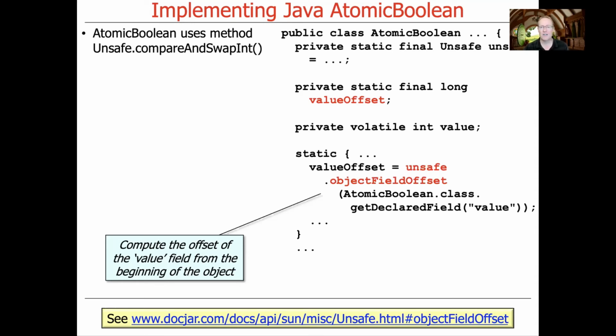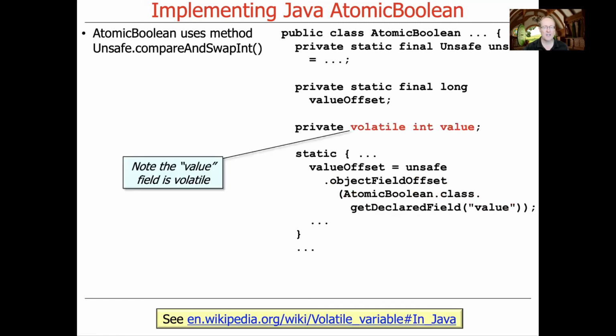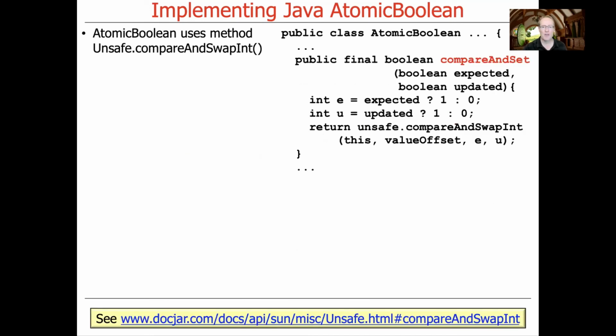We've got a field that's going to be the value field, and we're going to have the value offset that's set using reflection. So that's exactly what we had done before. And this time, however, we use a volatile int as opposed to a volatile long. So we don't use volatile bool, and that really has to do with cache-related issues, but ignore those for now.